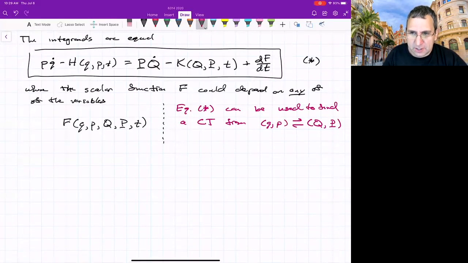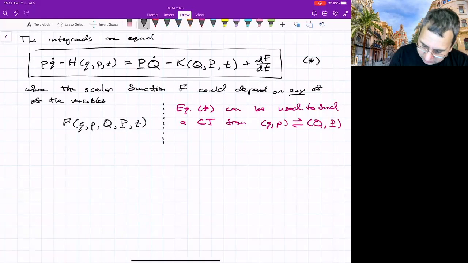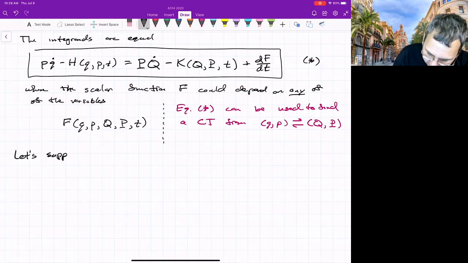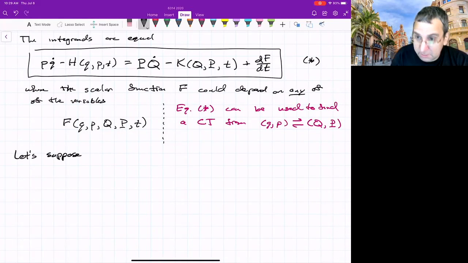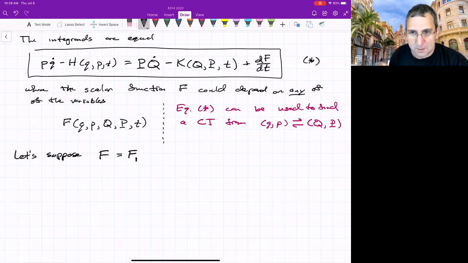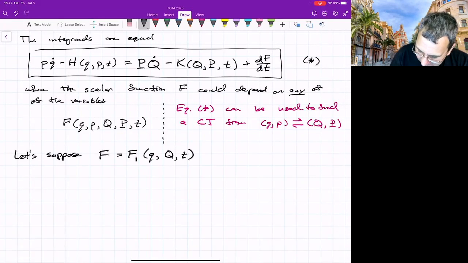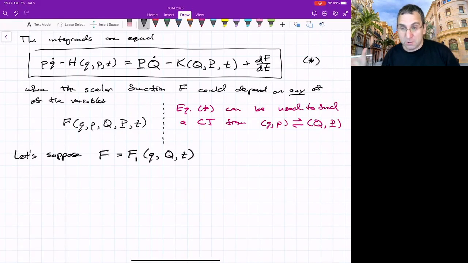We're first just going to suppose some dependence of F that makes things easier. Okay, so let's initially suppose that it doesn't depend on all of these. Let's just suppose it depends on little q and big Q. And for reasons I'll say below, I'm going to write this as F sub 1. We're saying there's some unknown scalar function, F1. It only depends on little q, big Q, and possibly time.